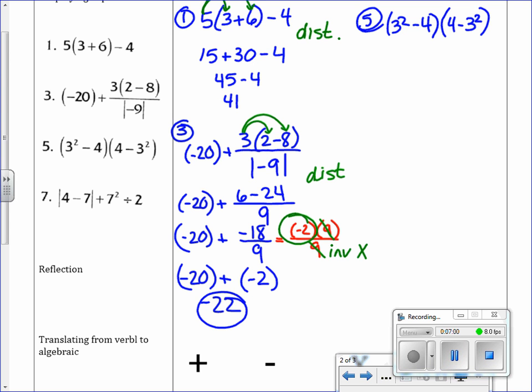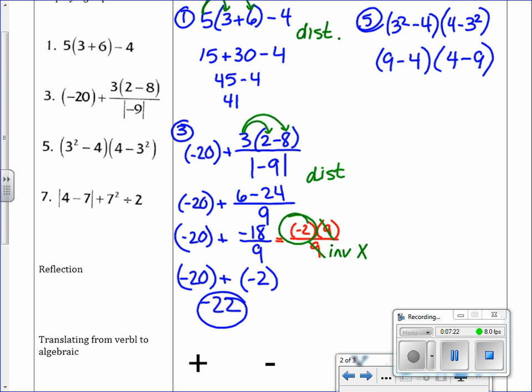Now, when we're solving an expression using the order of operations, we have to take care of the order of operations within the grouping symbol as well. So I need to take care of these exponents, this 3 to the second power. So I end up with 9 minus 4 and 4 minus 9.